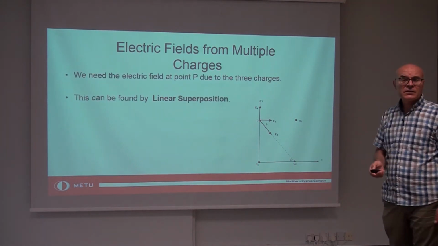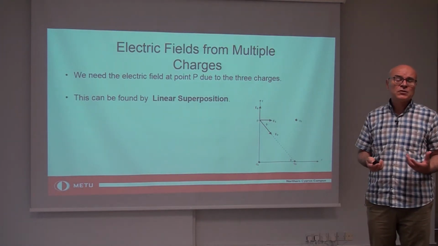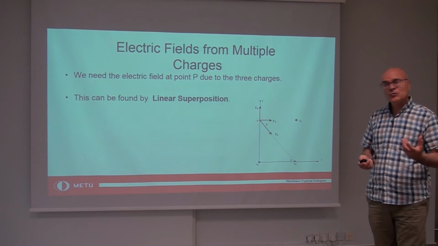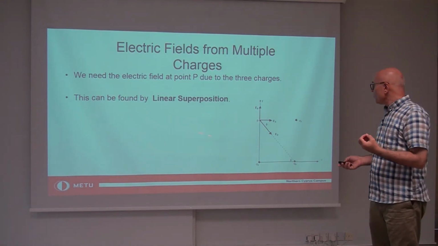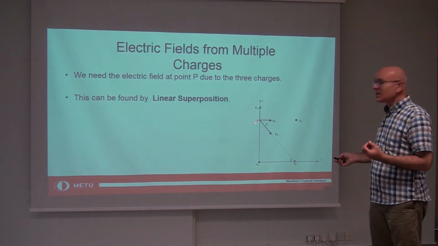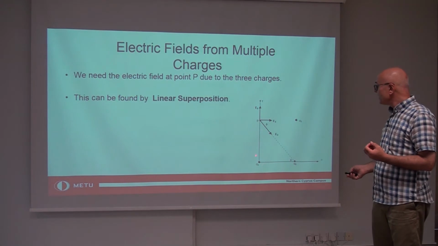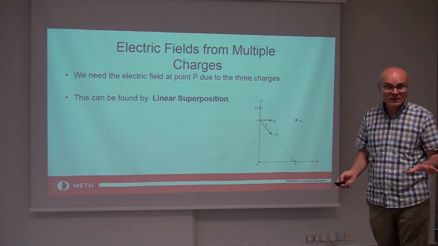Now, the tool or the principle that we use in doing so is something called linear superposition. Linear superposition here means that we find the net electric field due to these 3 point charges at this point P: we find the electric field due to Q1 assuming that Q2 and Q3 do not exist.